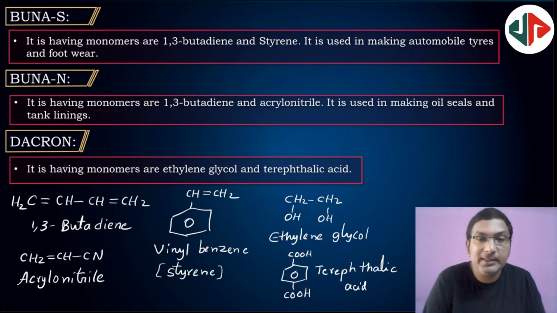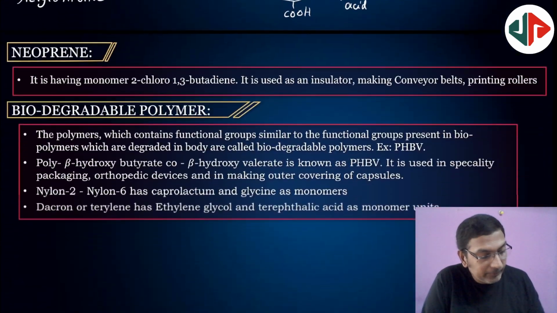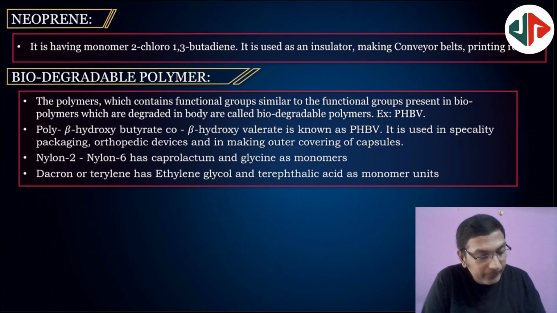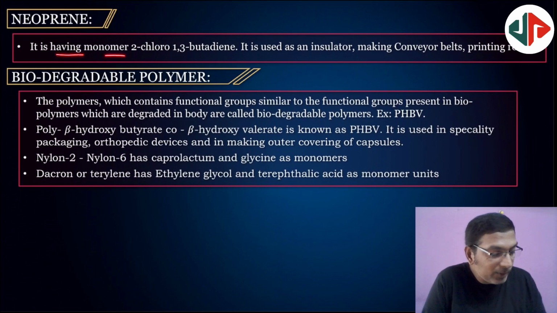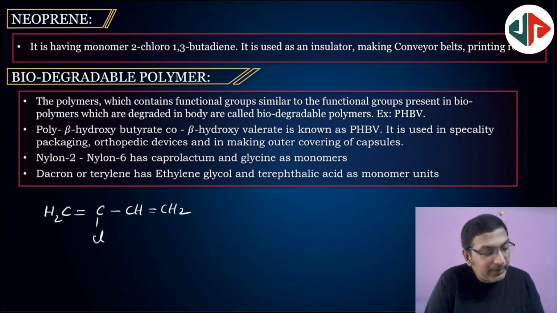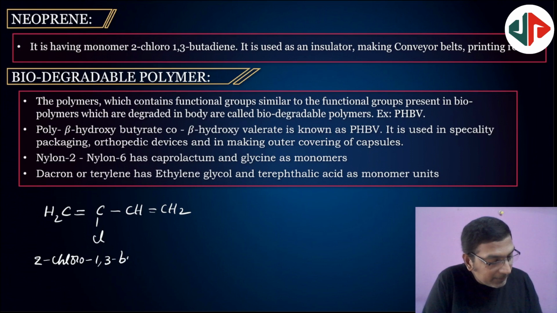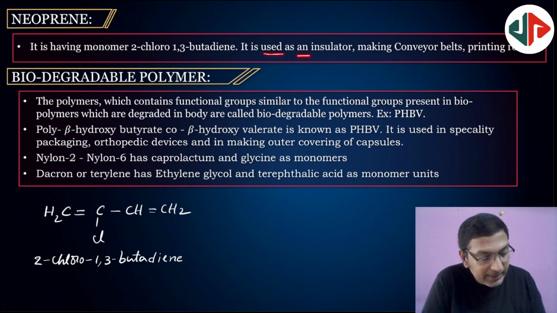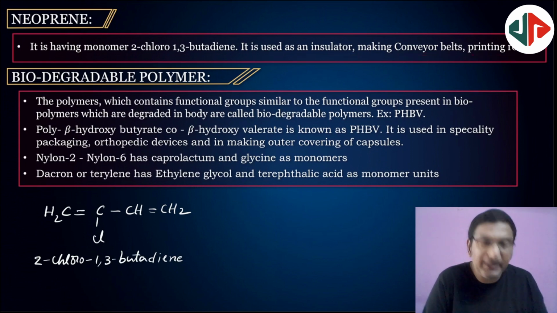These are monomers and their formulas. Next, neoprene. It has the monomer 2-chloro-1,3-butadiene. It is used as insulator and in making conveyor belts and printing rollers.